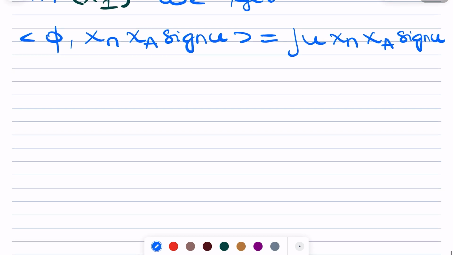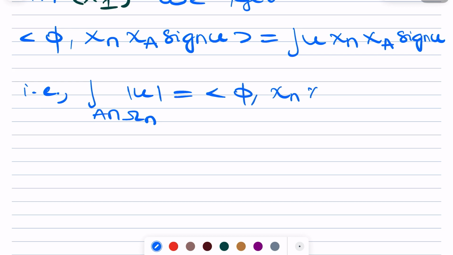So this means that the integral over A intersected with omega n of the absolute value of u is equal to phi of chi n times chi A times the sign of u.